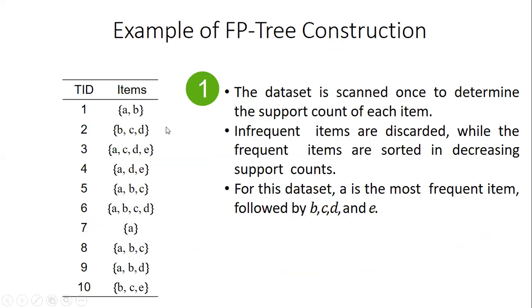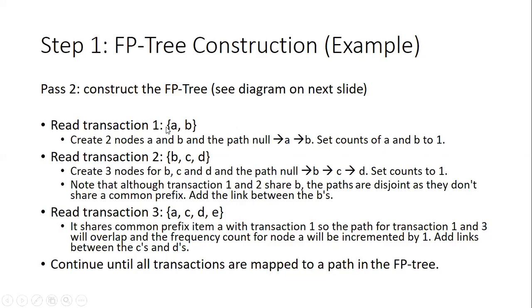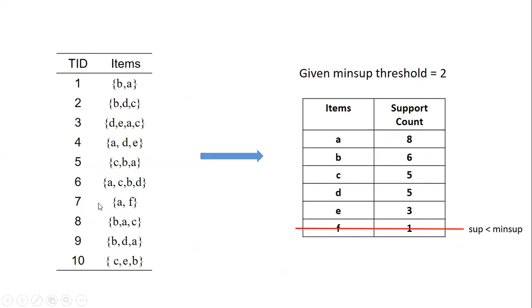If you observe here, we have BA, BDC, DEAC, ADE, CBA. Already I've changed here: CBE was there, it is changed to CBA. Then we'll get the count 8. Please observe. So BA, BDC, like this.